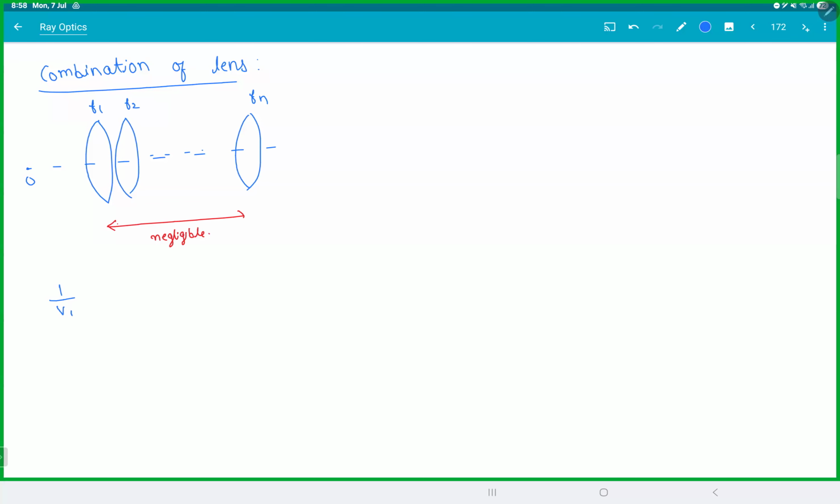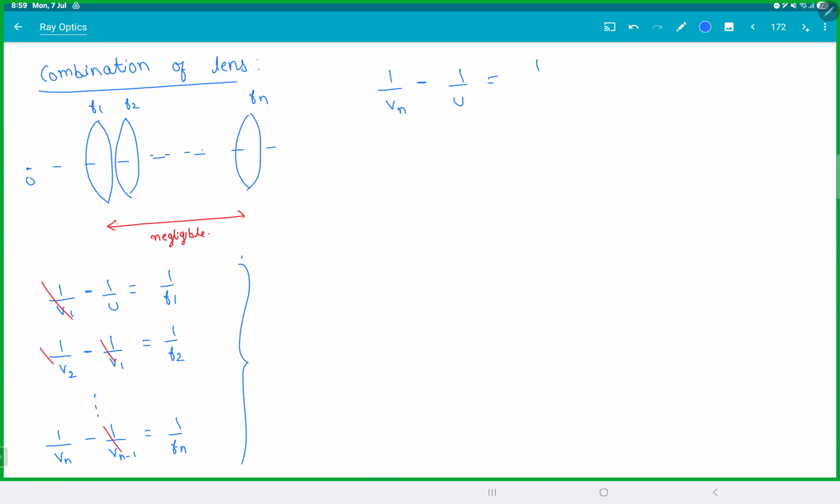Then we can use the formula 1 by v1 minus 1 by u is 1 by f1. Since the distances are negligible, you can take the distances directly. And so on up to 1 by vn, you get a telescopic function. When you add all of them, v1 will cancel, v2 will cancel, and so on. You'll be just left with 1 by vn minus 1 by u is equal to 1 by f1 plus 1 by f2, and so on till 1 by fn. So you can write 1 by f equivalent.